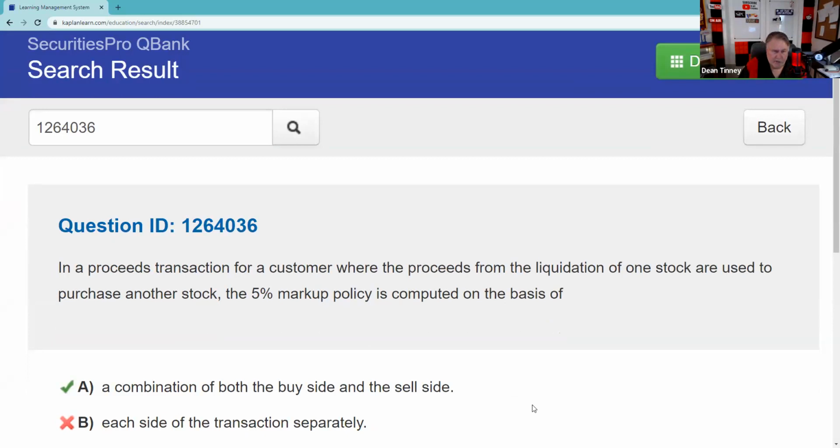You should definitely know the 5% policy doesn't apply to any offering made with a prospectus, because the spread is on the front page. So when a customer tells me to sell security A to buy security B, for purposes of the 5% policy, that is one transaction. For example, I'll make up some numbers.